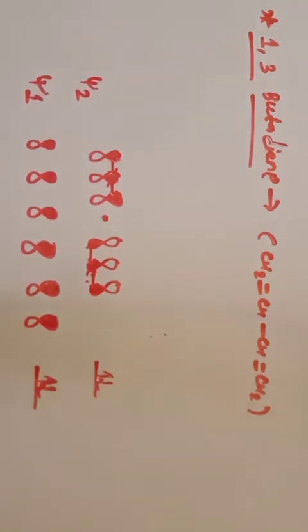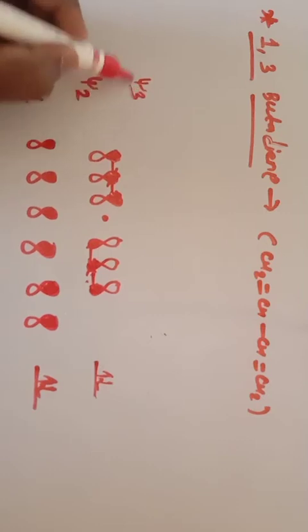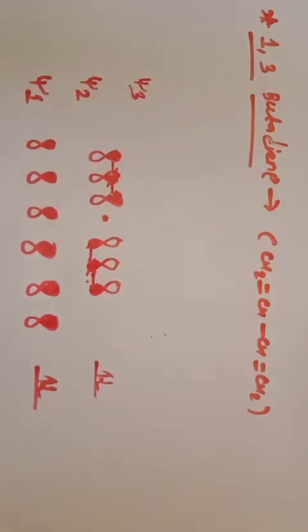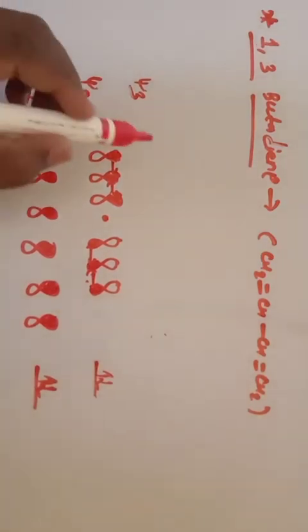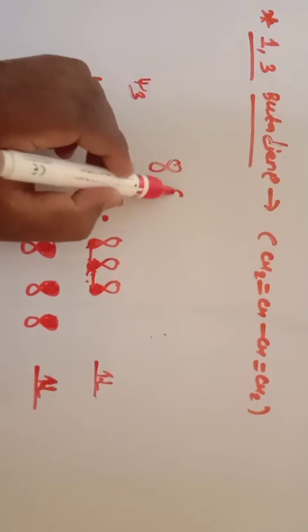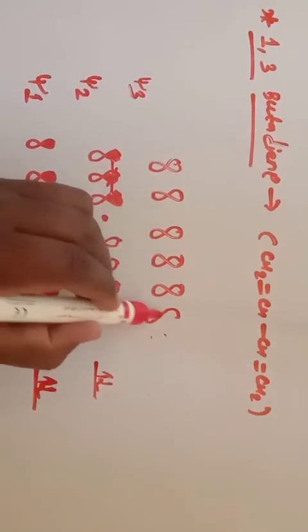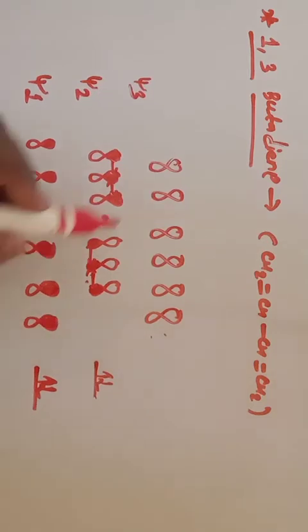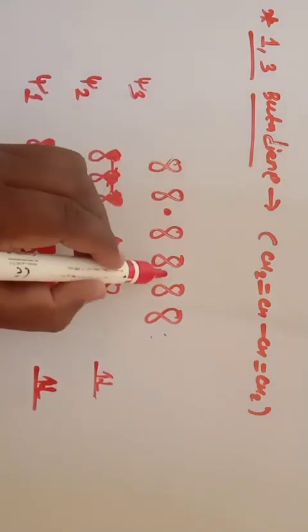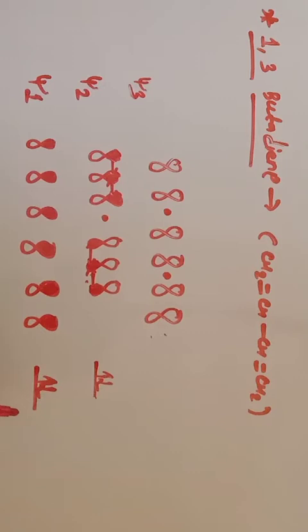2 electrons go here. Then psi3 means there should be 2 nodes. Psi3 means 2 nodes should be there. So how can we show 2 nodes? We can write here 1 node and there should be 1 node.